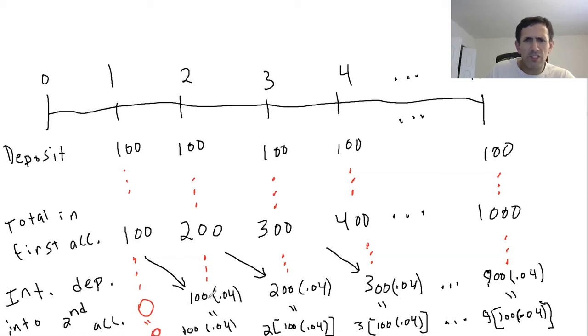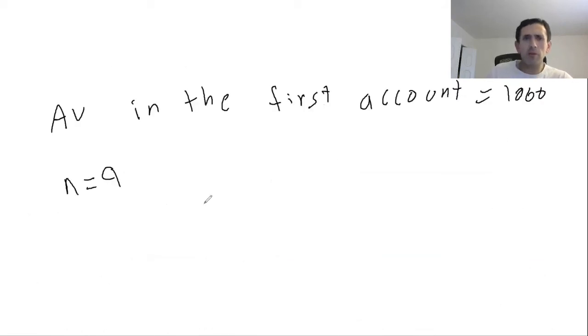So the annuity payments start at t equals 1. The first deposit into the second account starts at t equals 2. So it's a 9-year annuity, and I don't want to sound like a broken record, but a lot of people screw that up, if not most people. That's been my experience teaching this. This is my 3rd time teaching it.